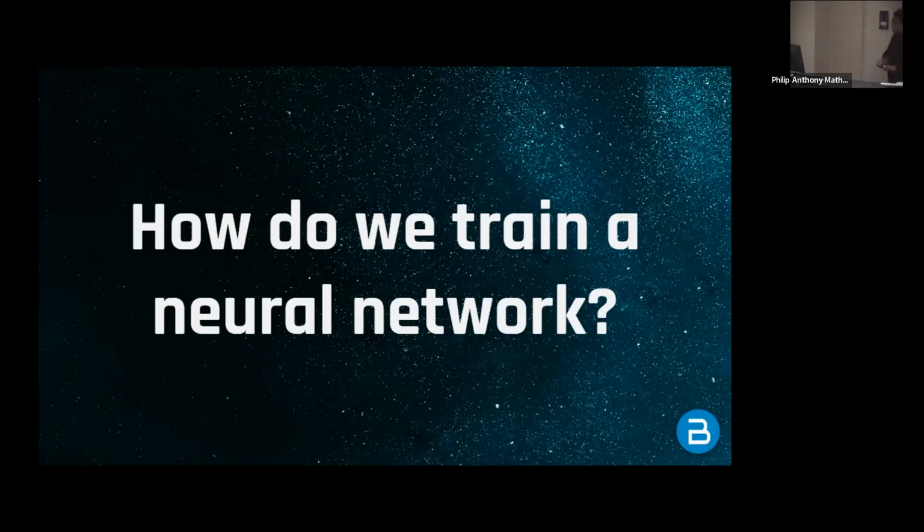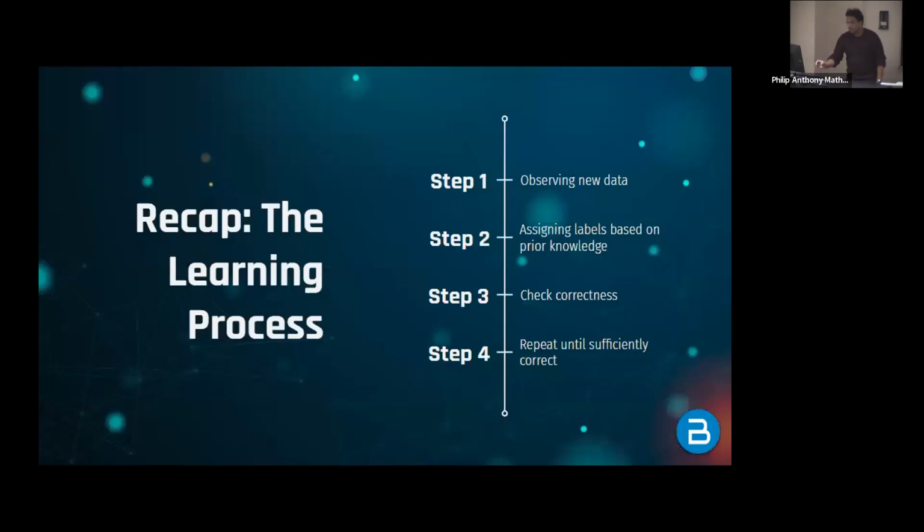So, let's think of it this way, right? Last time I went over something called the learning process, which I don't think is in any textbooks, to be entirely honest. It's something I came up with, but I think it's a useful way of understanding how to make machine learning work. We start out by observing new data, taking it into the model. The model then assigns labels, and then we see how correct it is.